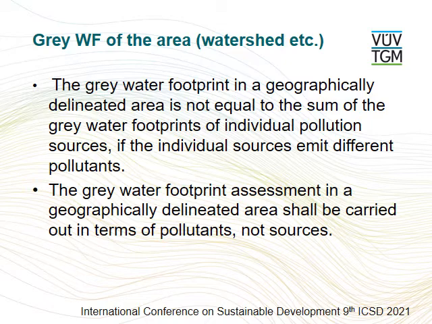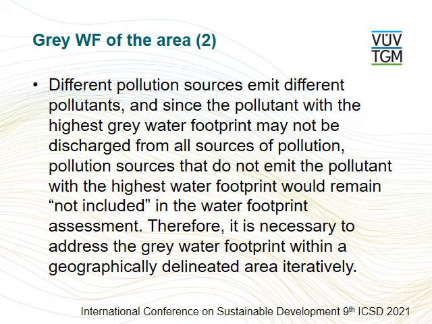In the area, you need to go not through the point sources, but through the individual pollutants. Since each source of pollution can emit a different pollutant, the calculation of greywater footprint in the area must go by individual substances, therefore it must be performed iteratively.